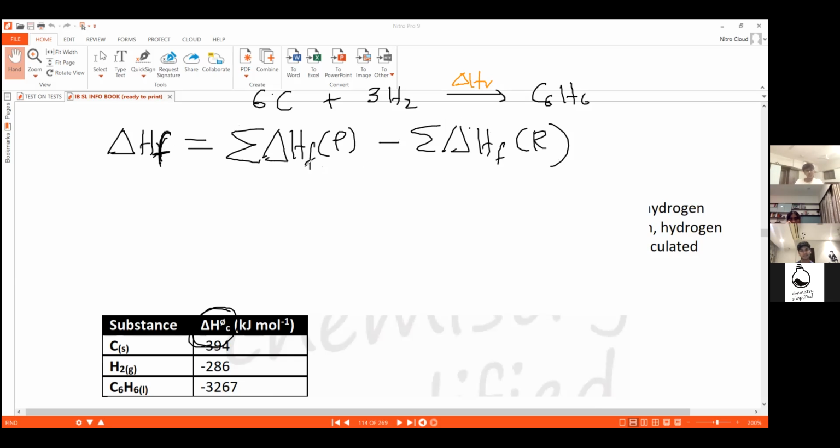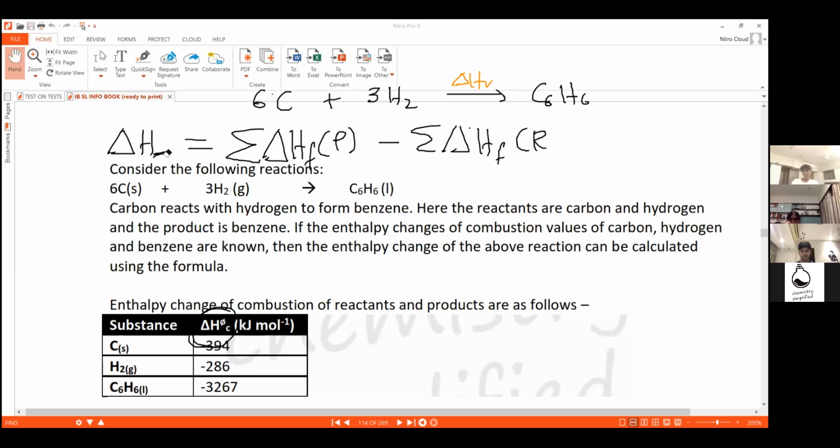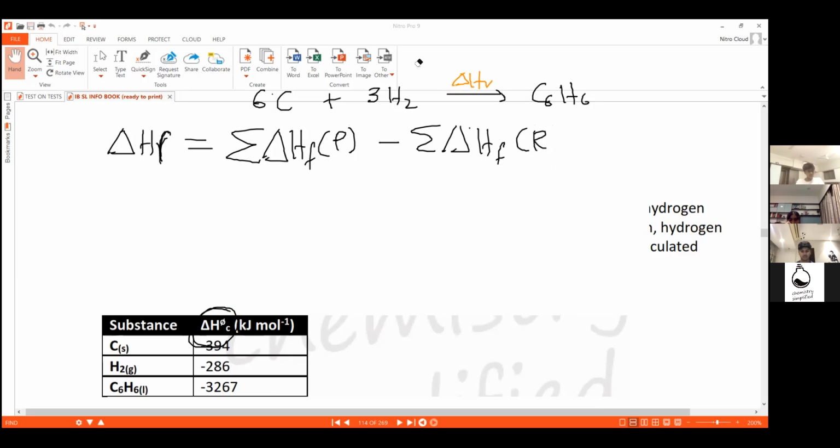So I'm adding the formation values of products and subtracting the formation values of reactants. But when I'm using the enthalpy change of combustion values, the only different thing I will do is put reactants in place of products and products in place of reactants. Here I will do reactants minus products.